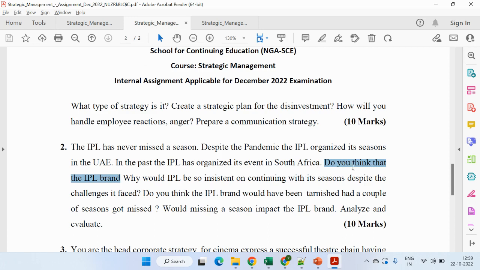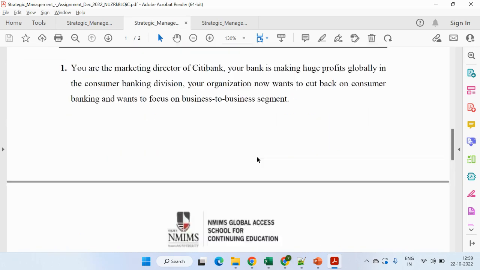They have just mistakenly added this line in the old assignment, so you just need to ignore it. The rest is the same, so it doesn't matter whether you use the new PDF or the old file. The question is the same, but when you are preparing the assignment, just download the latest version from your NMIMS portal.